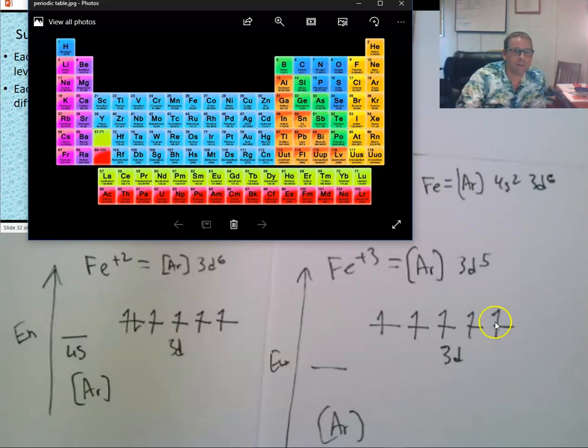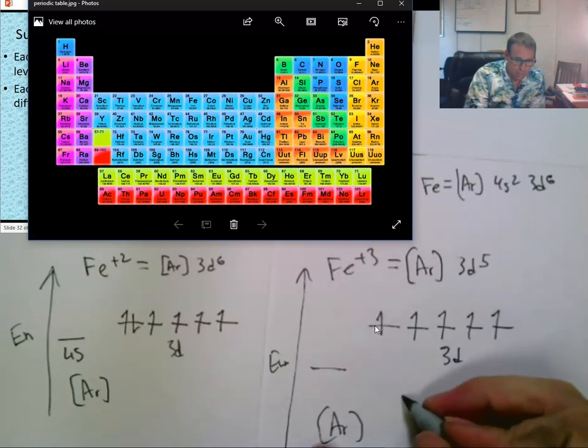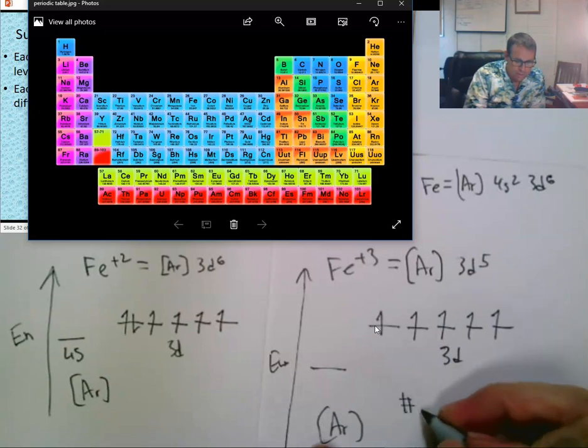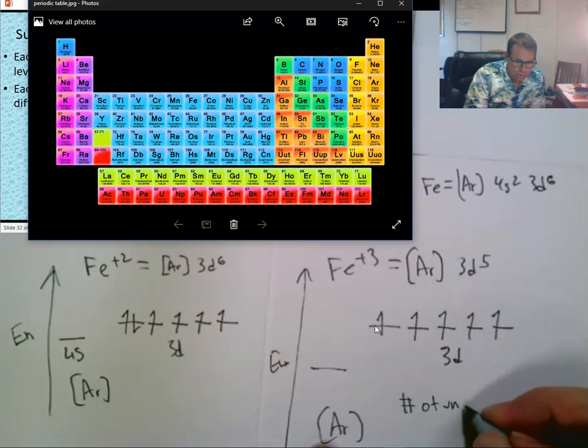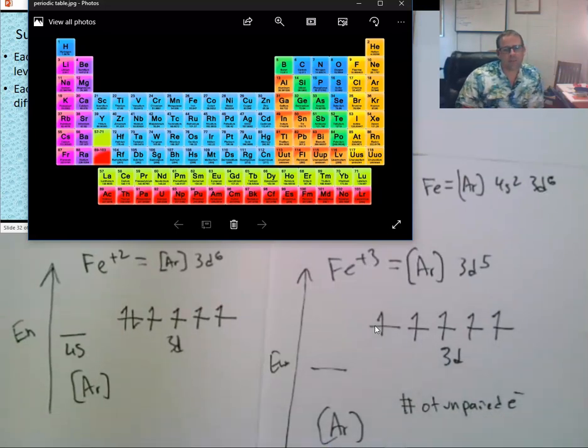Well, this number of unpaired electrons relates to what we call magnetic susceptibility. So people like to ask the number of unpaired electrons in a given atom, because that tells us information about the magnetic susceptibility of an element.